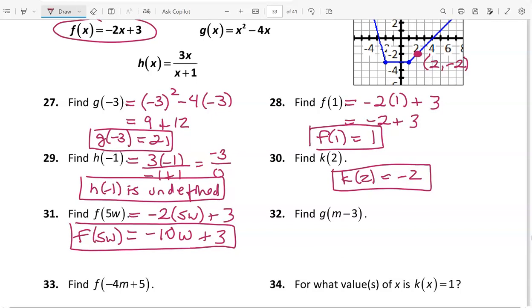For number 32, we're finding g of m-3, so we're going to use the definition for g of x. And everywhere there's an x, I'll replace the x with m-3.